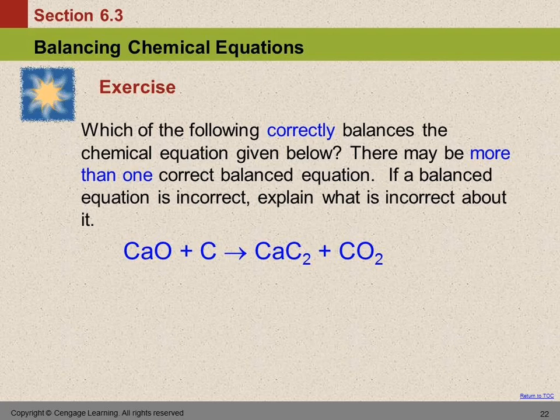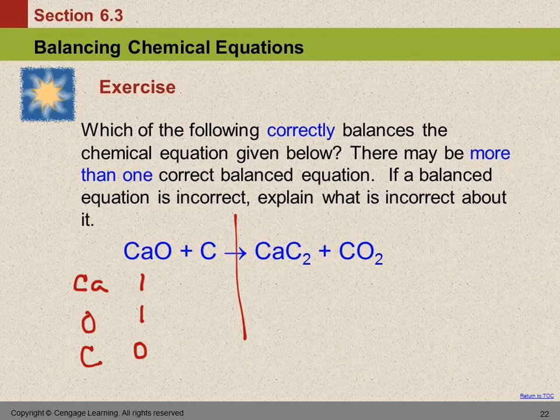first. So I'm going to draw a line here to separate products and reactants. And I've got calcium, and I've got oxygen, and I've got carbon. And so I'm going to just tally them up and figure out what I've got to work with here. In CaO, I have 1 calcium, and I have 1 oxygen, and I have no carbons.